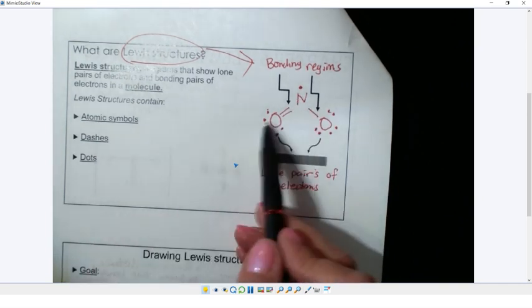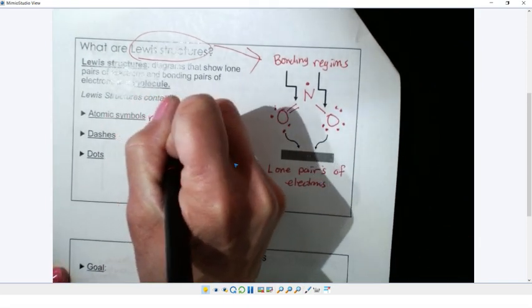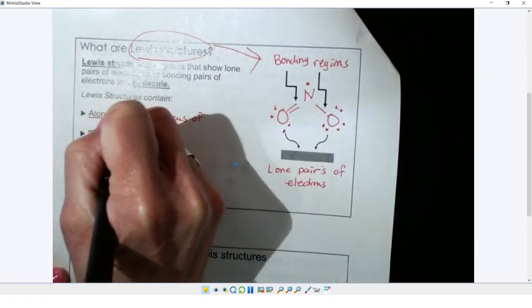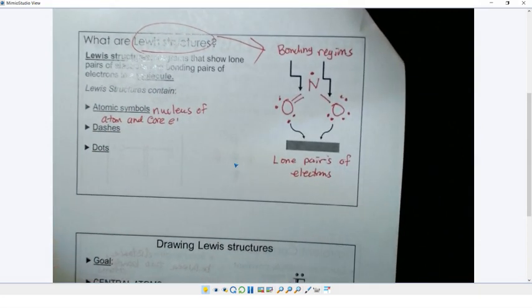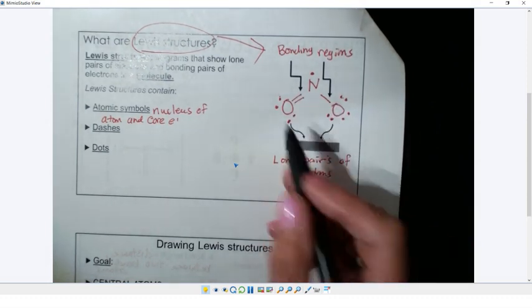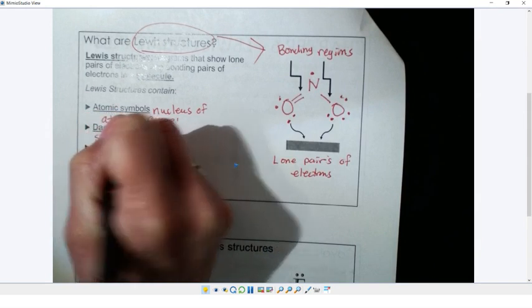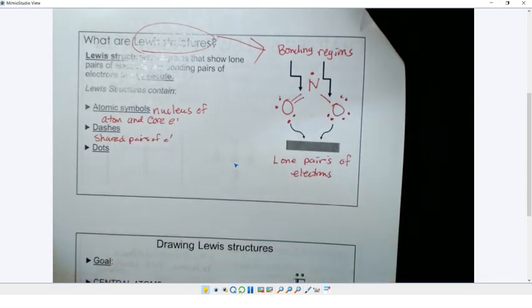In our Lewis structures, your atomic symbols represent the nucleus of the atom and the core electrons. Your dashes, we've got two dashes and one dash here, are shared pairs of electrons or bonds.